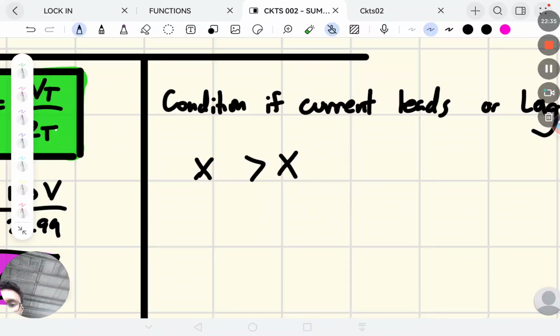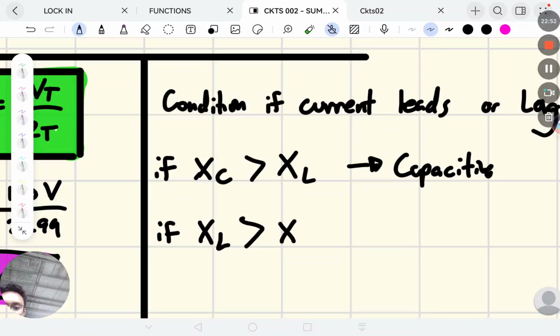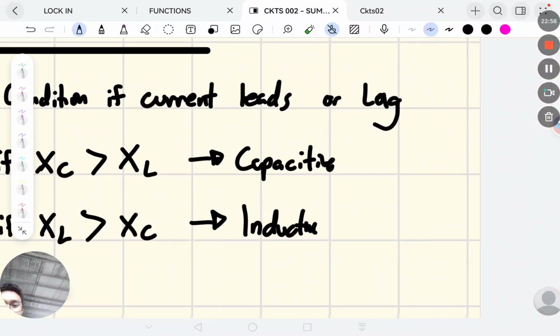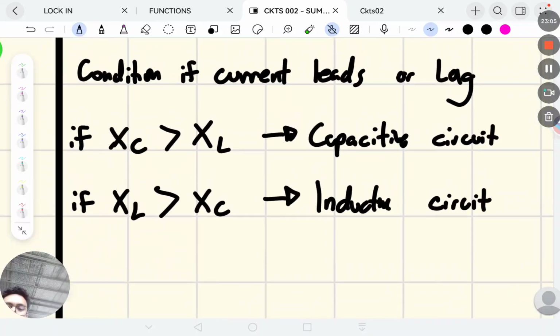If XC is greater than XL, this is capacitive. If XL or the inductive is greater than XC, this is inductive circuit. Okay.